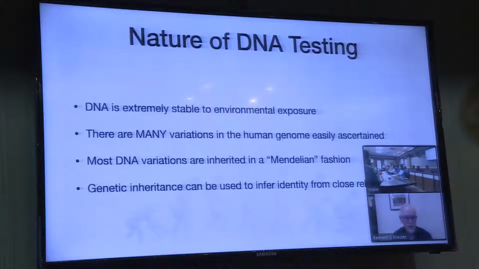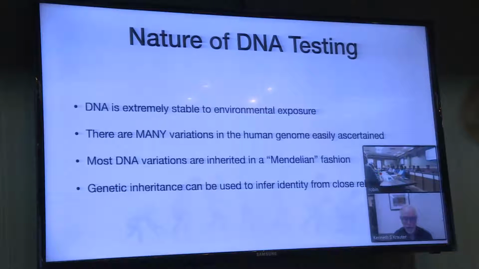So this sort of Mendelian inheritance of the variation in DNA from parent to child allows a tremendous amount of power in identifying any particular DNA relative to a population of DNAs that are available.